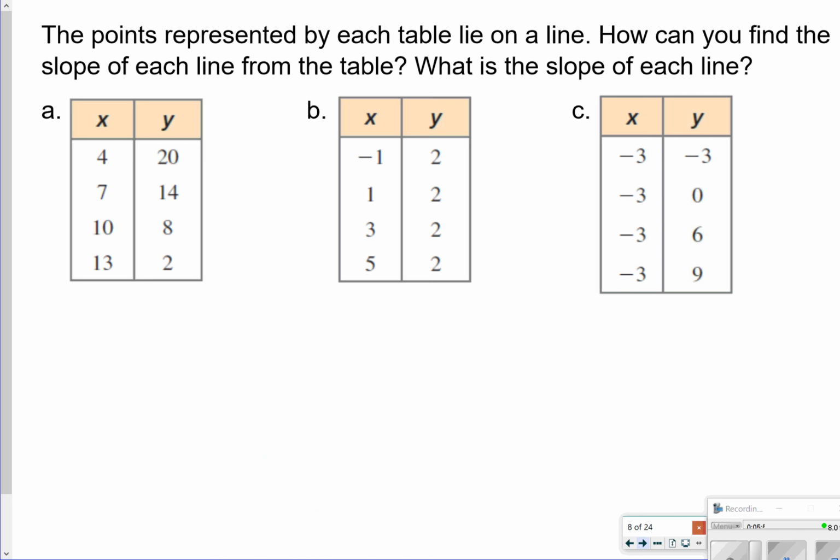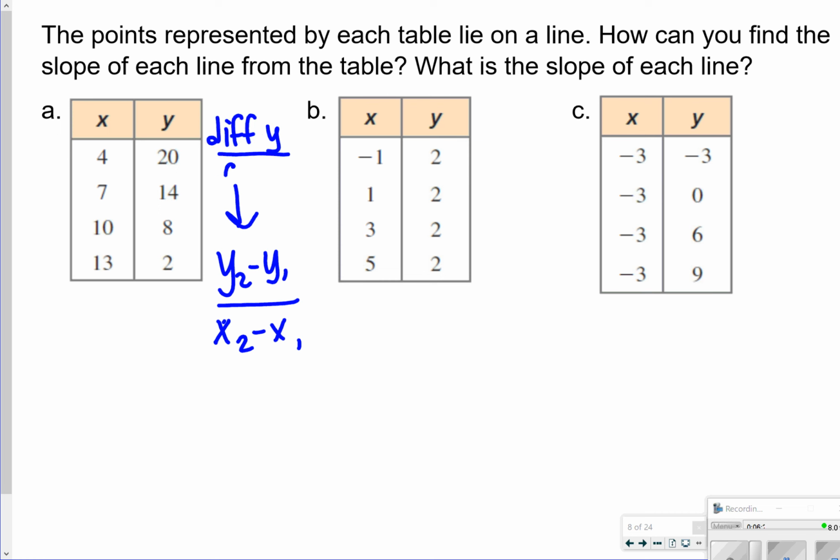The next thing we're going to look at is whenever we have points represented in a table and we're trying to find the slope for that. Remember when you first wrote down number 1, you wrote down this little example, y2 minus y1 over x2 minus x1. And this would just be the difference in y over the difference in x.